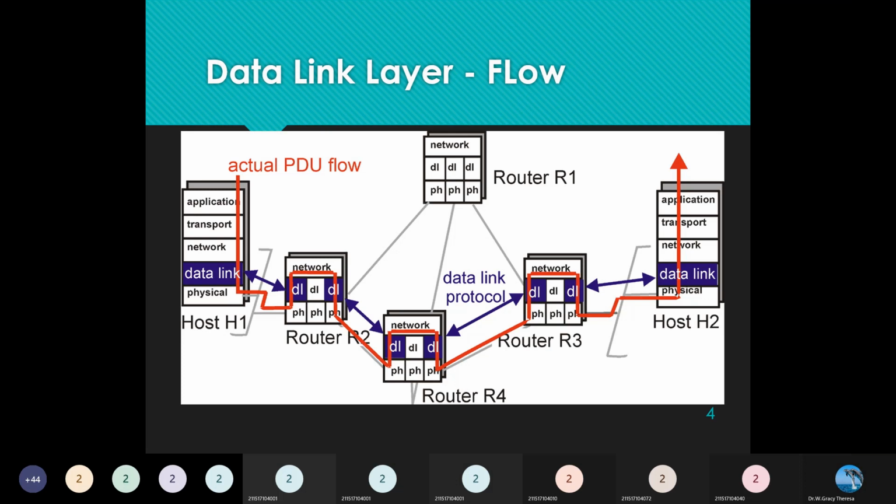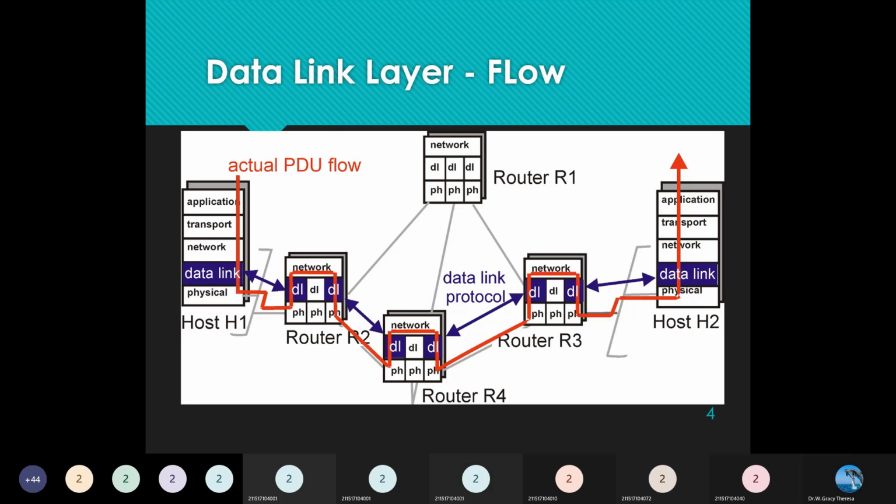But when talking about the intermediate nodes between H1 and H2, that is routers R2, R4 and R3, these deal with only three layers of the TCP/IP model: physical, data link, and network. They don't bother about the other two layers, because those are used only for control purposes.